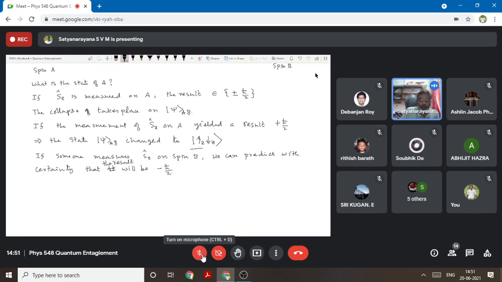Because in this wave function, if this is up, this has to be down. Now this is, of course, because of conservation of angular momentum.